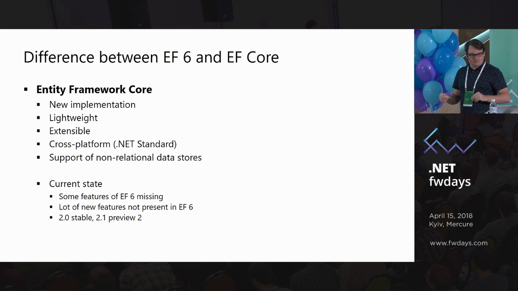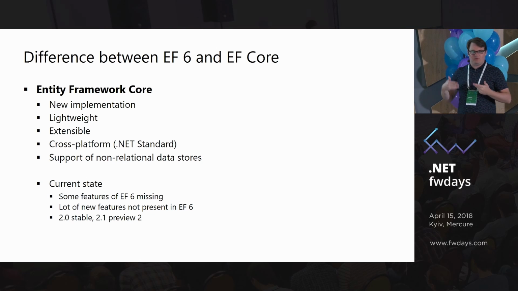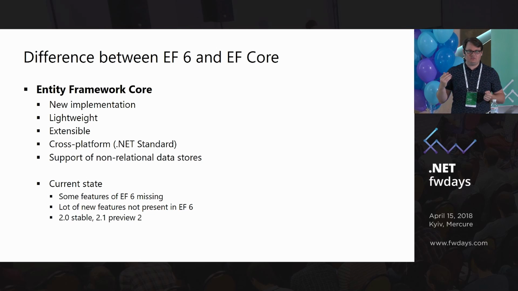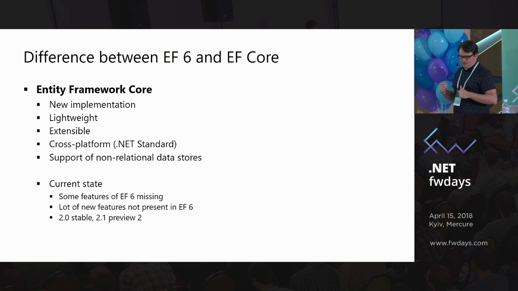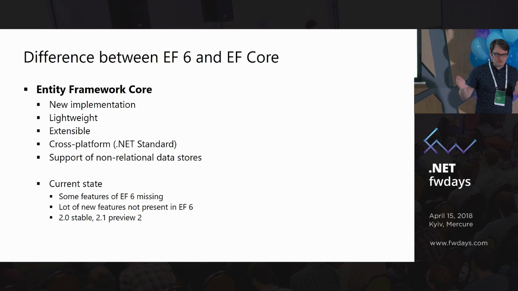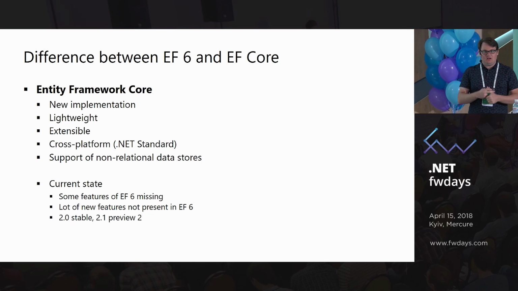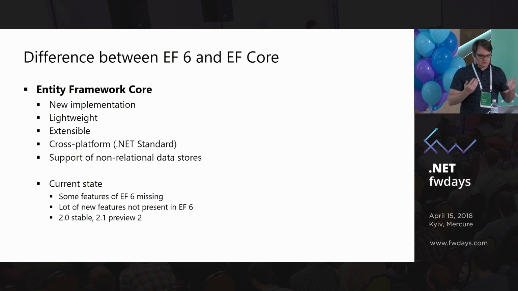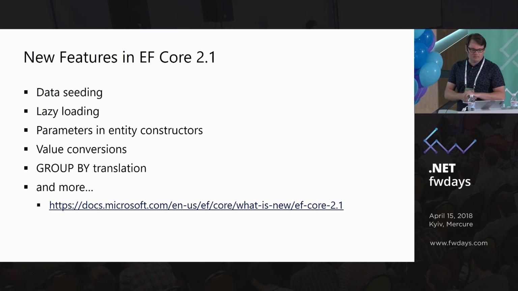So they are saying that there will be 2 or 3 other previews before the final version will be released, and they want to have 1 preview per month or something like that. So we can expect the new version 2.1 RTM in about 3 months or something like that. Yeah, so that's the time frame.